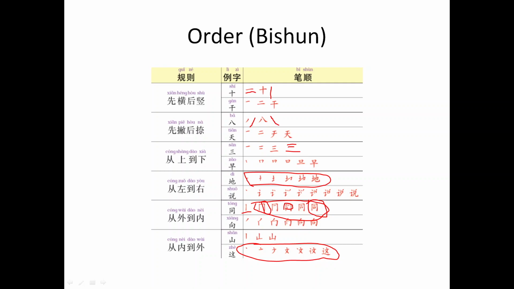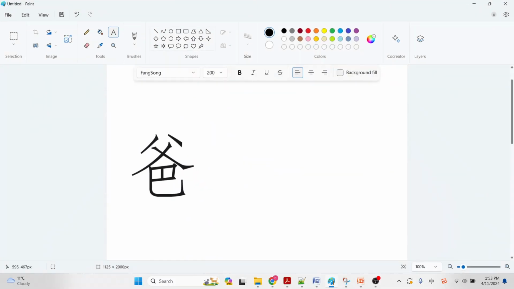Finally, let's write a word together. The word is ba, meaning dad.